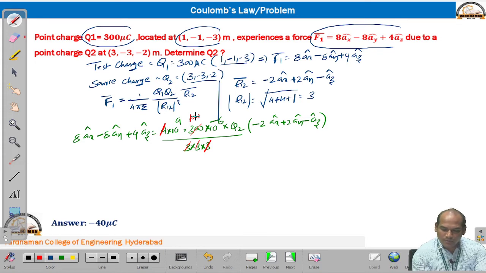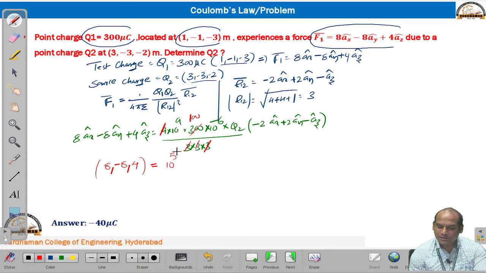So, what we are doing here, I am writing the vector like this, 8, minus 8, 4 is equal to, now here we have 10 power 11 and 10 power minus 6, so 10 power 5 we will get, into Q2, and here I am writing minus 2, 2, minus 1. And this 8, minus 8, 4, if you take minus 4 common, I am writing as minus 4 times minus 2, 2, minus 1.